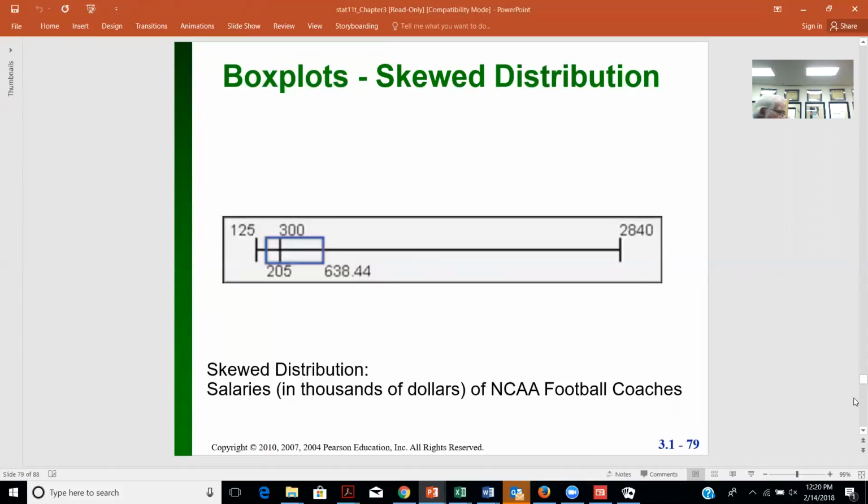Our median is 300,000. Our third quartile, 638.44. You going to live, Nate? Good. And then we have our outlier, 2.84 million. Okay. So that's what a box plot can look like. It's a good way of looking at skewed distributions.